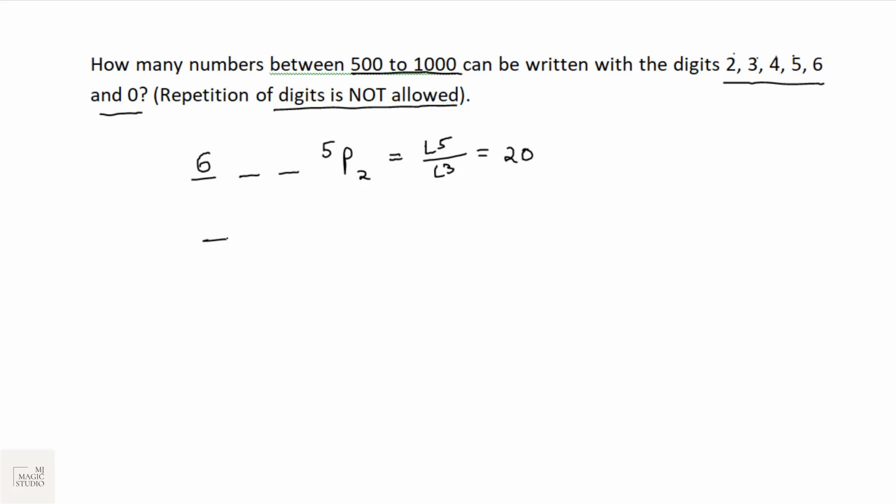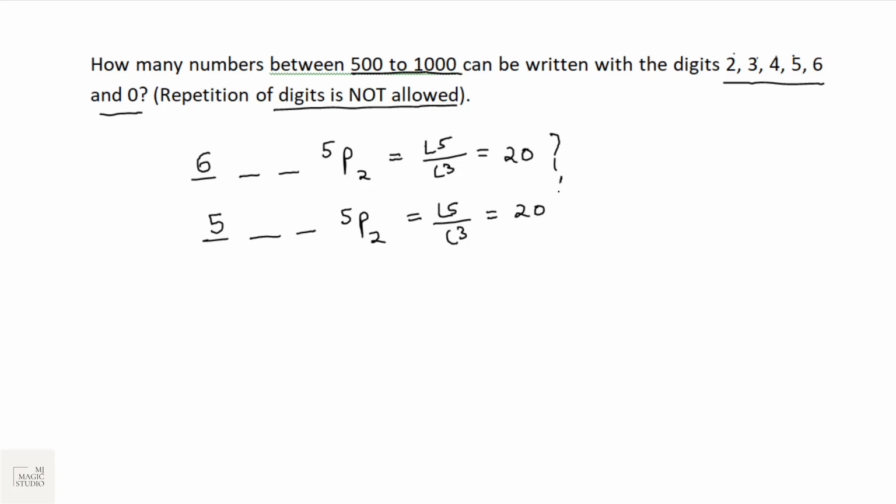Next, we have forgotten to start with 5, because any number which starts with 5 is also greater than 5000. Similarly, we will have 5P2 numbers here also, that will be 20. After 6, we don't have any further digits, and all the other digits are less than 5.